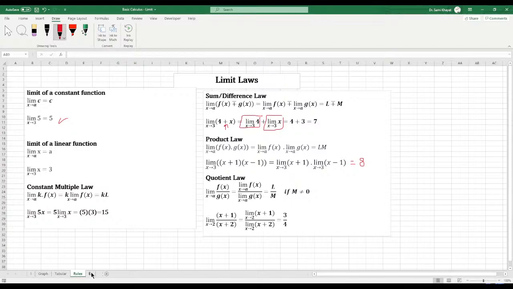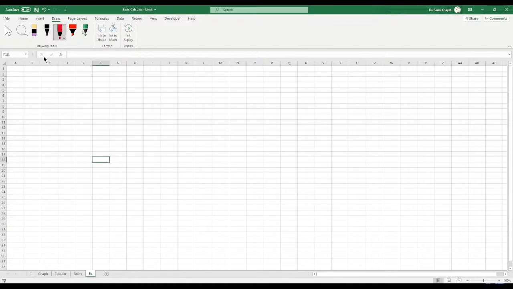Now, let's do some exercises. I will take exercises that are a bit different, a bit more difficult, because the other ones are easy. You just substitute or follow those laws and it will be easy.